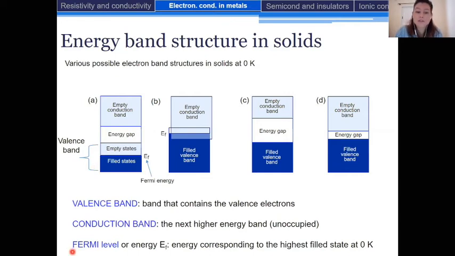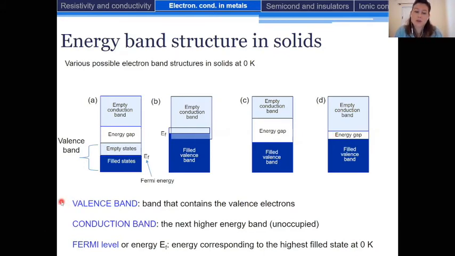Then let's define the Fermi level or Fermi energy, which is the energy corresponding to the highest filled state at 0 Kelvin. So when there is no motion of electrons, we define this energy level, so it is that one, which is the Fermi level, the one that is occupied. In the other case, it would be that one, and that one would be the Fermi level.